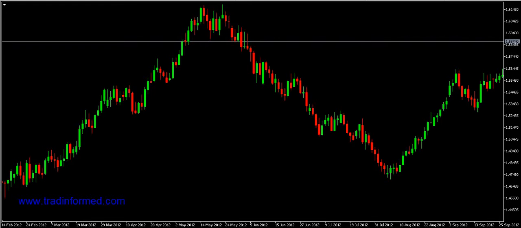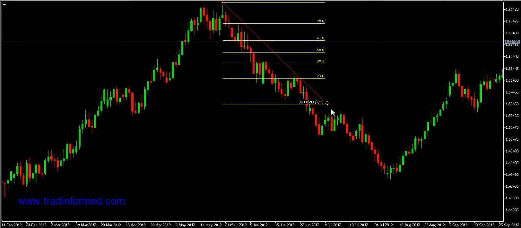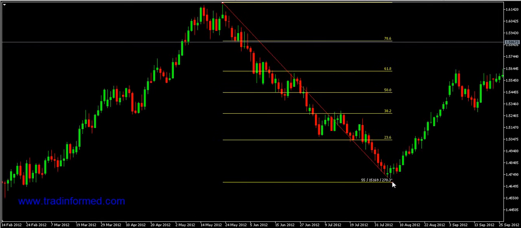Okay, so in placing our Fibonacci levels, we first of all want to identify the most significant swing highs and swing lows. On this chart we can see very clearly the biggest and most significant swing high, all the way down here to the swing low.